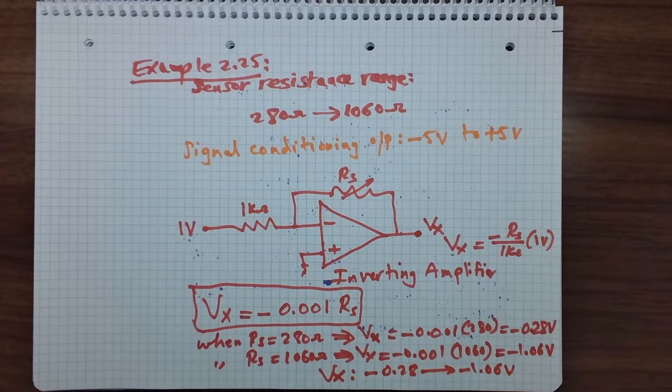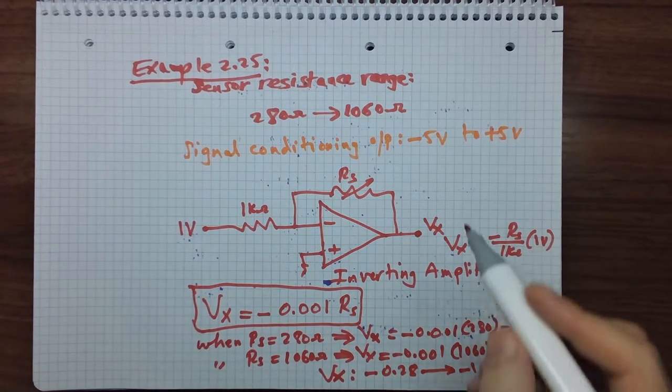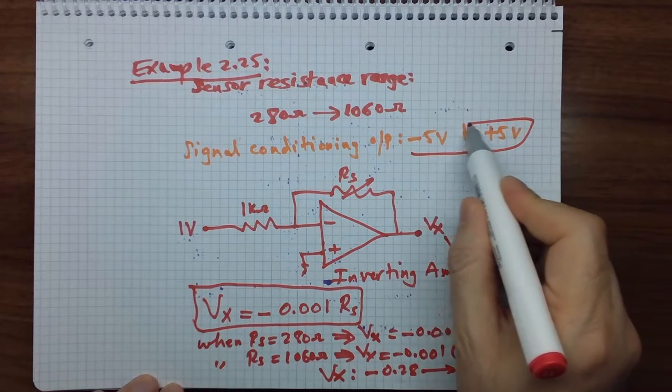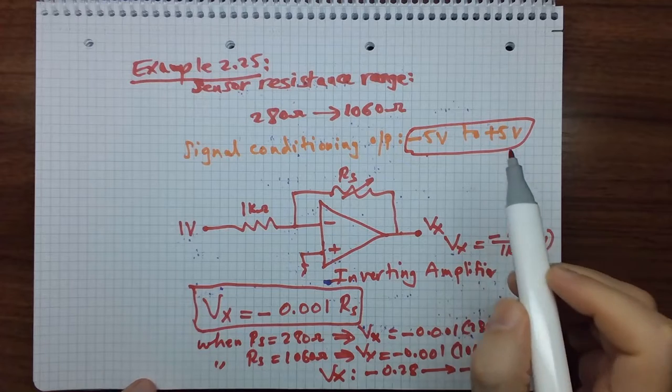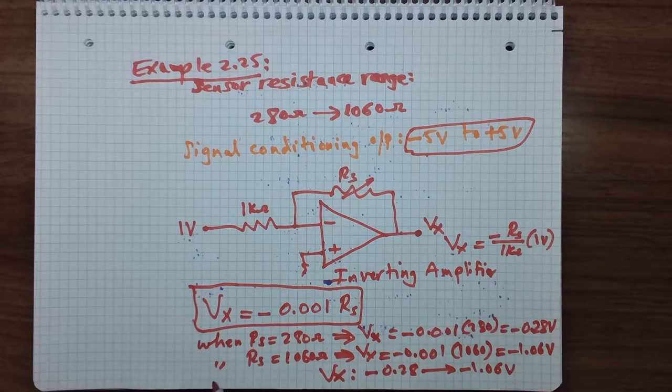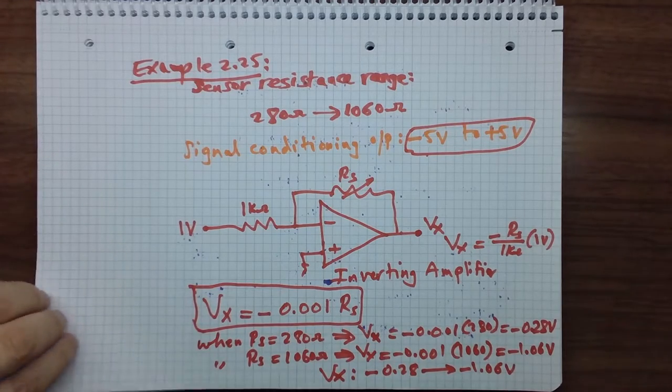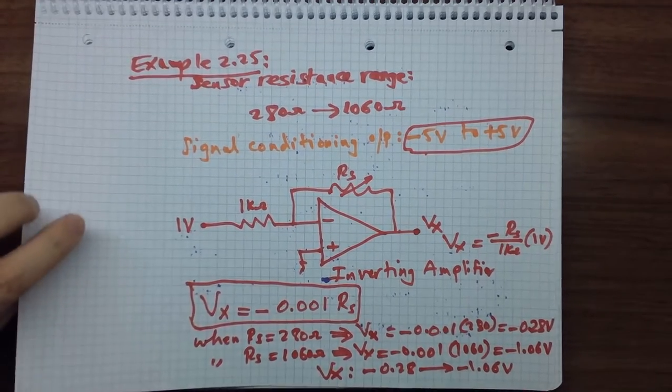So we need now to design the signal conditioning, to have the voltage from the output of the signal conditioning from -5 to +5. So we need to find the straight line equation, the linear equation.